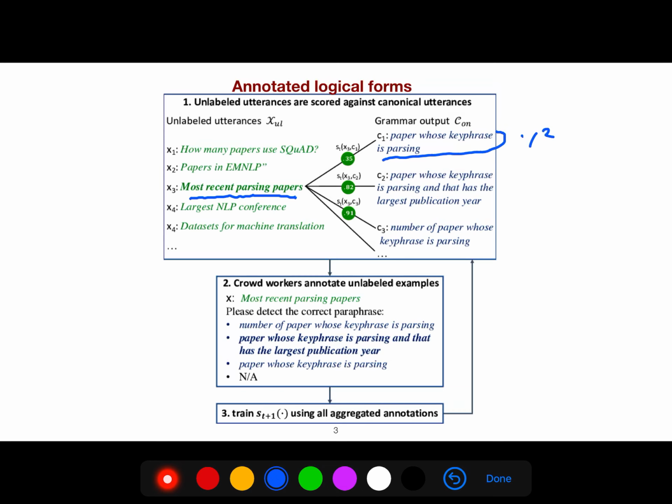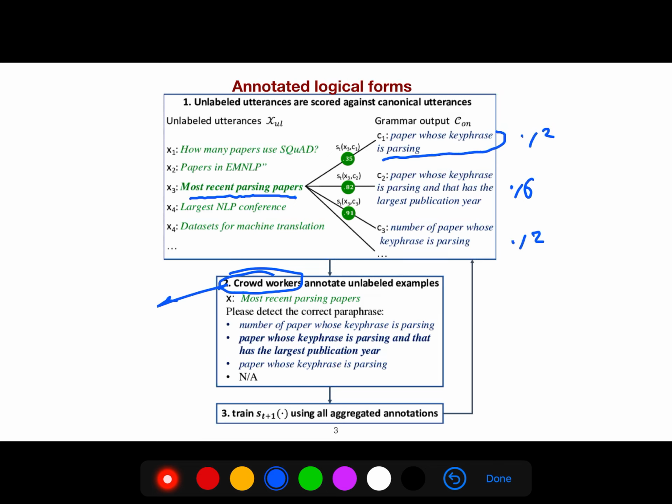Papers whose key phrase is parsing and has the largest publication year, yeah, this is nice, maybe 60%. Number of papers whose key phrase is parsing, we are not talking about the number of papers, we just want the papers, so maybe 20% for this. And so the crowd workers, I mean this very cheap labor market, unfortunately they have to do all of these things and create some labels for us. And then we train using all aggregated information.